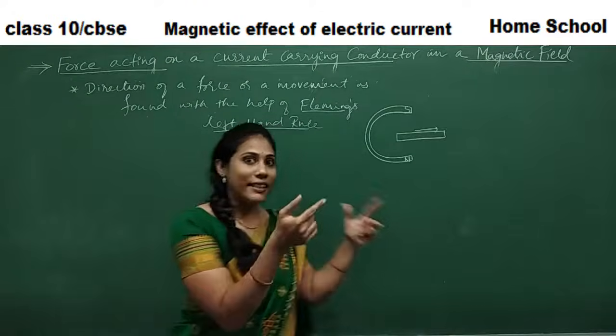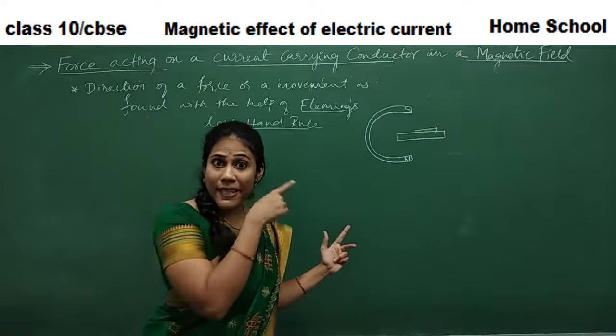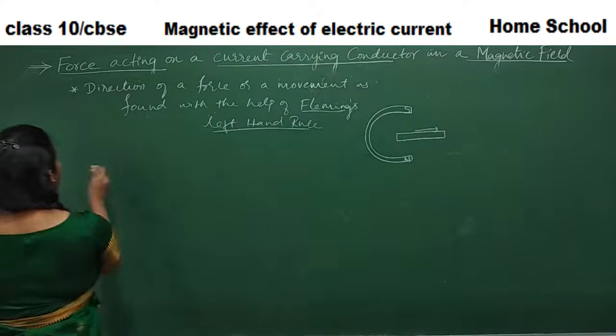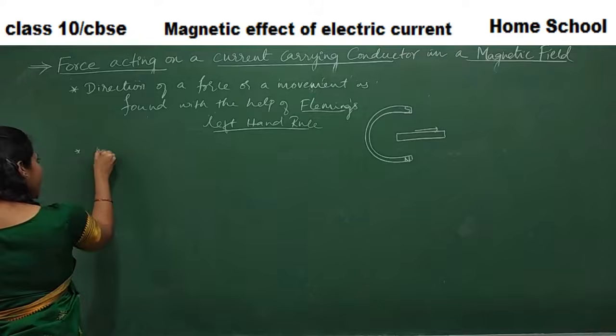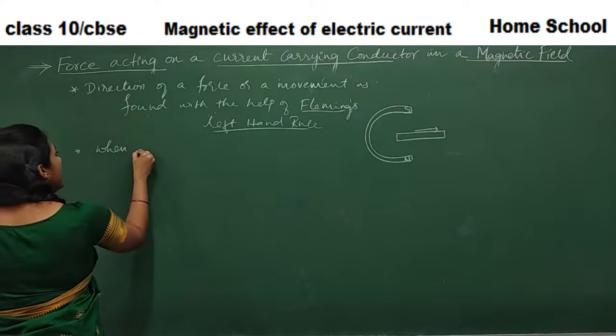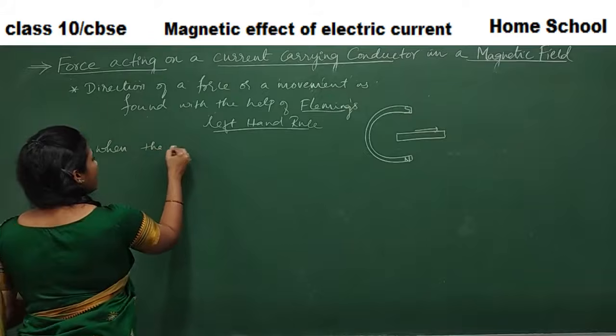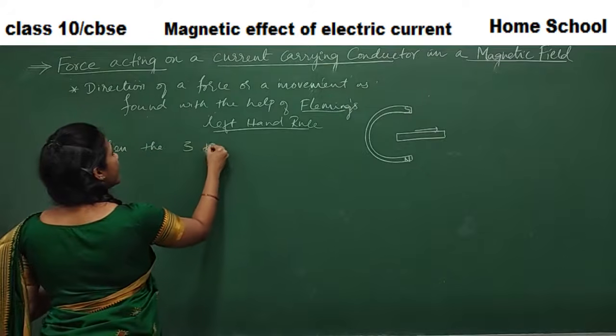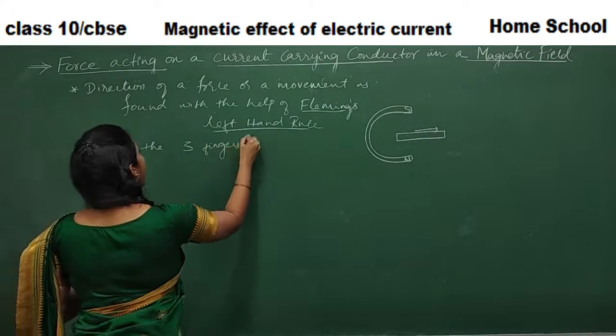Okay, that's all. Let us try to write the definition for Fleming's left hand rule. So what I will write here is, when the three fingers, what are the three fingers?